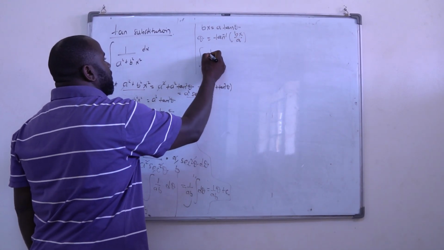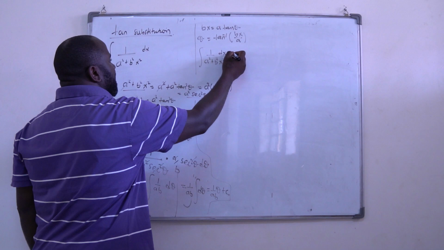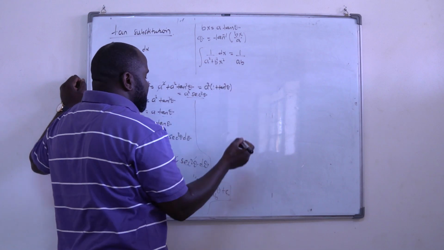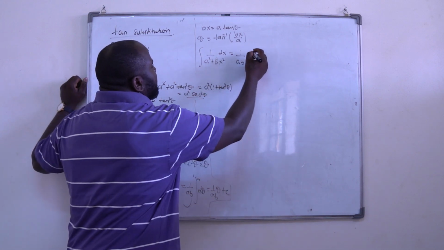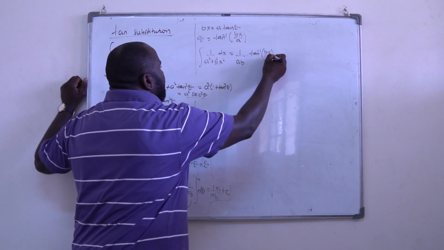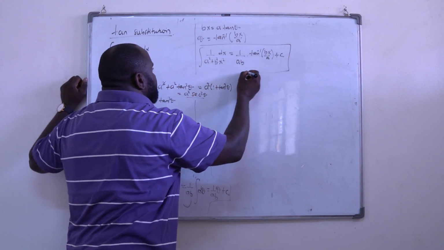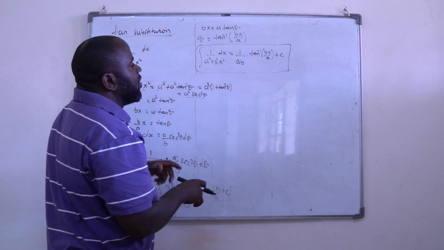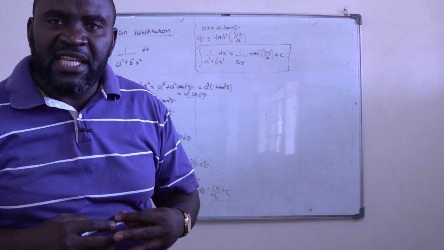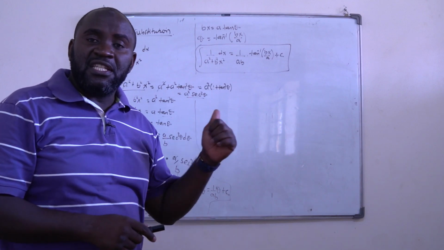So the integral of 1 over a squared plus b squared x squared with respect to x is going to be 1 out of the product of the two constants whose roots have been got times tan inverse of bx out of a plus a constant. So this is a general definition of the integral, and this type of technique, we are using what we call the Tan substitution, which is integration type 4.